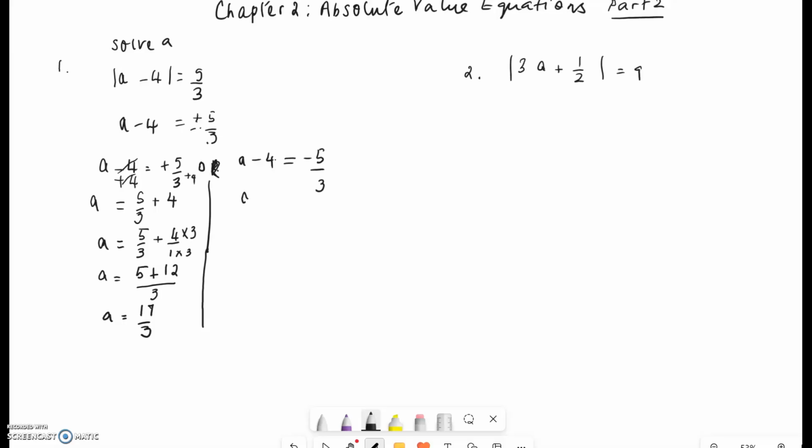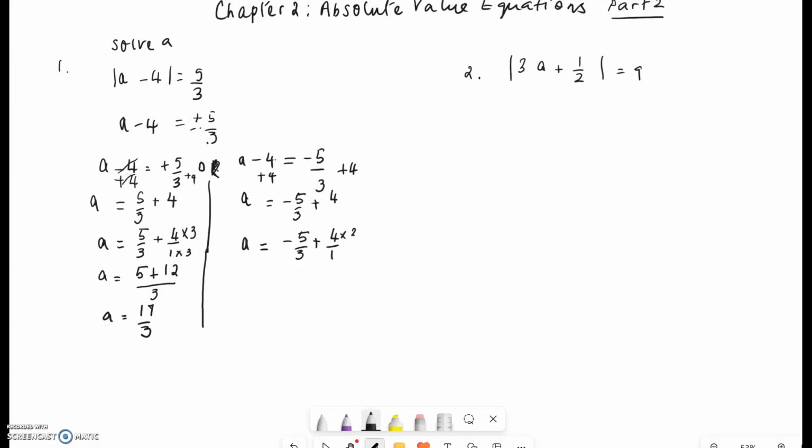Now we solve the other equation. We add 4 on both sides to solve for a. Then we have to simplify negative 5/3 plus 4. We do the same thing as before. Take the common denominator of 3. Write it as 4 over 1.